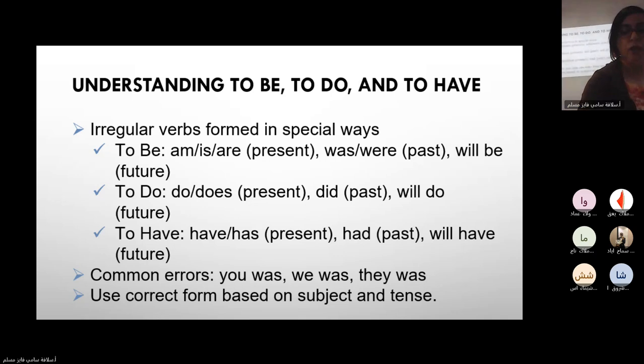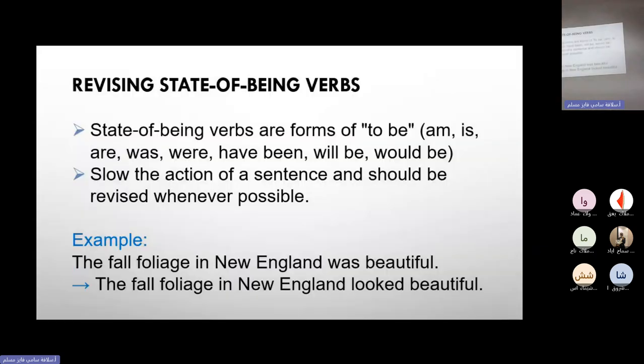Use the correct form based on the subject and the tense. The subject must always agree with the tense used.